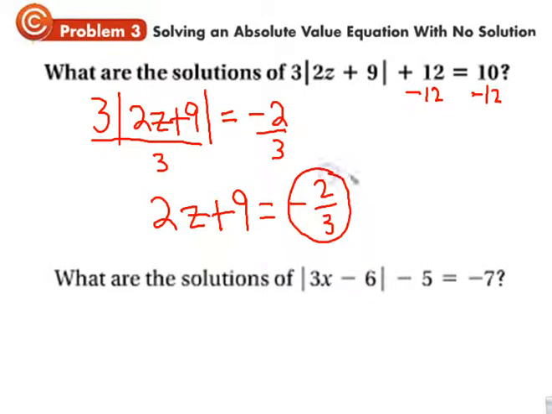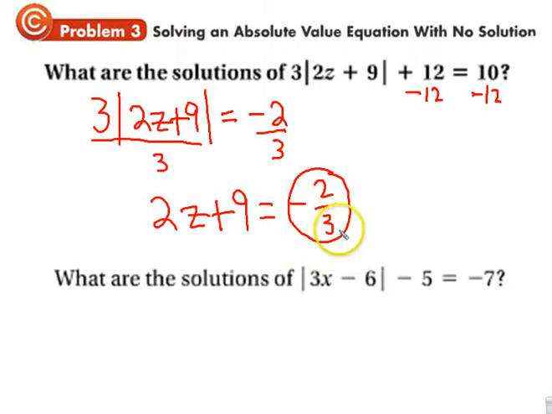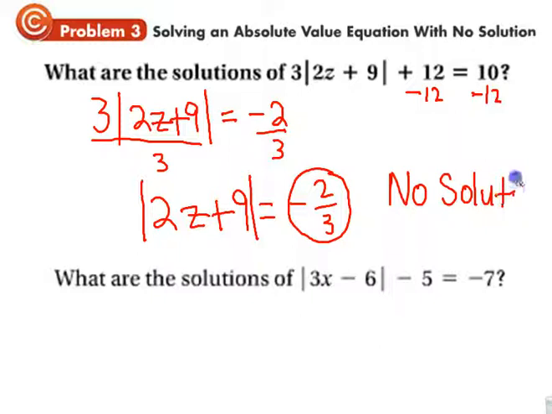See that right there? Do you remember this rule back here that says B has to be bigger than 0? Yeah, we got a problem. B is not bigger than 0. Remember, absolute value cannot be a negative distance. It's always positive. So therefore, this isn't possible. Okay, so it's no solution.